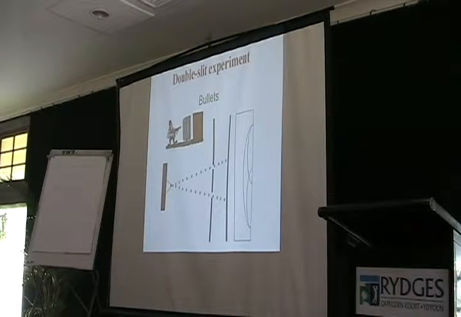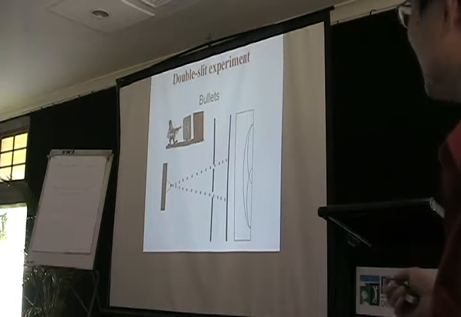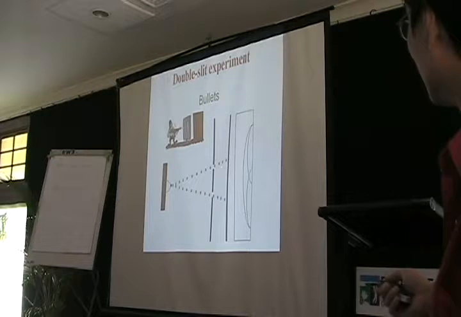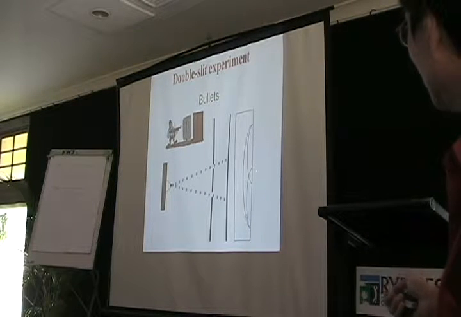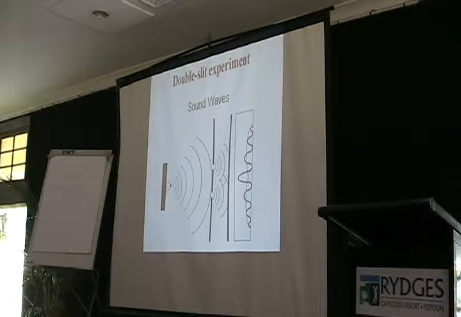All right, so to make it simple, let's look at the double slit experiment. If it's a bullet, usually you will not find any interference pattern. If you use a double slit, the bullets go through and there's a peak here, so overall it looks like that. If it is a sound wave, then it's a wave, so you find the interference pattern.